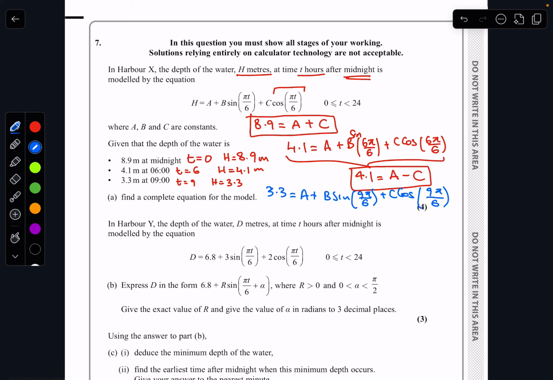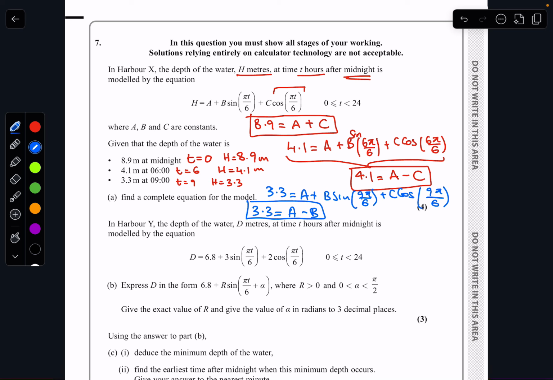If you put sine 9 pi over 6 and cos 9 pi over 6 in the calculator, that gives us 3.3 is equivalent to A, sine of 9 pi over 6 gives us minus 1, so it will be minus B, and cos 9 pi over 6 gives us 0, so times C, that goes away. So we have 3 equations now.